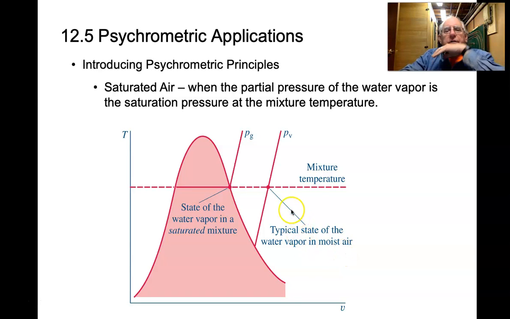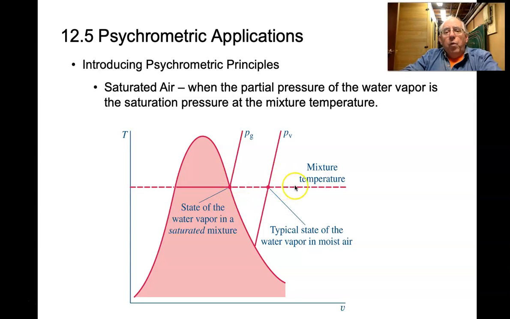It's best to look at that on this curve right here. If we had a given mixture temperature and a given mixture pressure, and a certain amount of water at this partial pressure, and we were to add water to the mixture, holding the same amount of dry air, the same total pressure and the same mixture temperature, whenever we approach this value of the saturation pressure for that mixture temperature, that is fully saturated air, and that would correspond to 100% relative humidity.